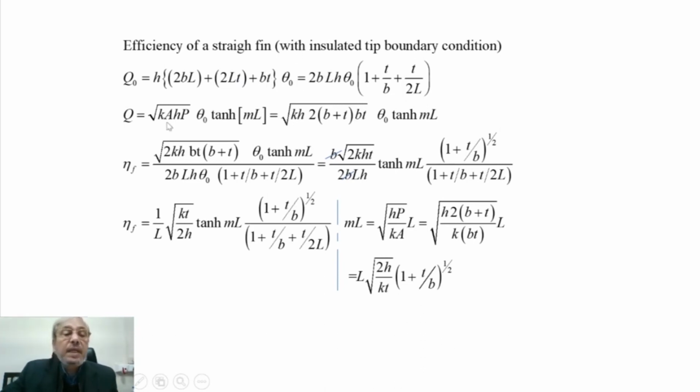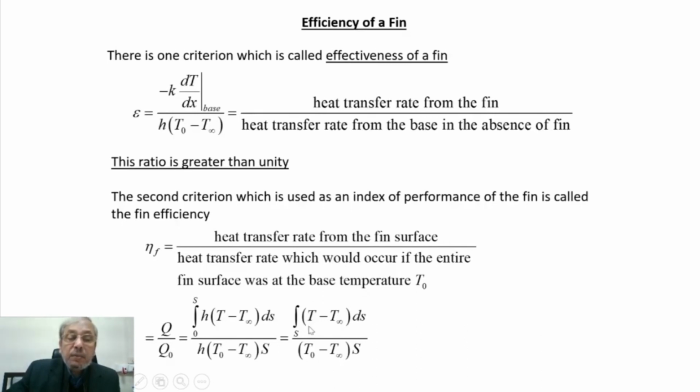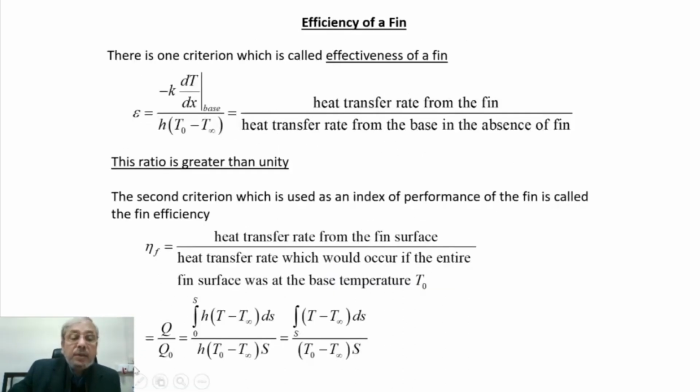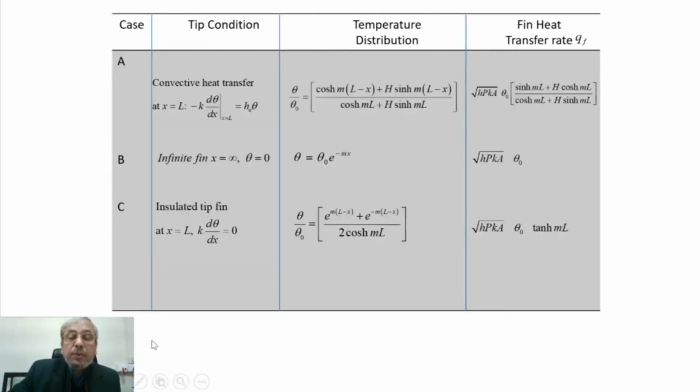So this we get. And Q, which is basically, again, integration of T minus T infinity into dS. This can be root over khP theta naught tanh ml. And that is the result we got, actual Q, if we look into our analysis.